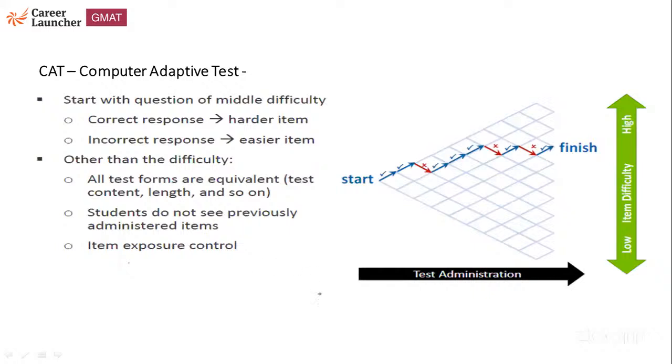Now you must have come across that GMAT is an adaptive test. It's not a linear test. What it indicates is that everyone starts with a very easy and a medium level of question.